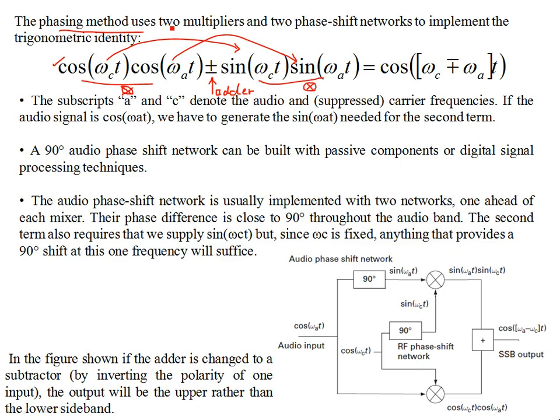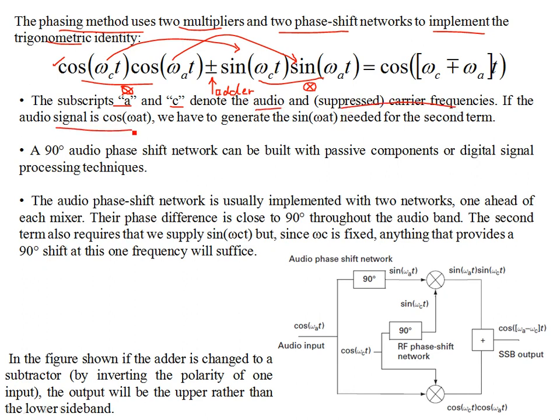The phasing method again uses two multipliers and two phase shifters to implement the trigonometric identity, which is given as follows. If you realize this trigonometric identity, you can generate an upper or lower sideband. Here the subscript A denotes audio and C denotes the carrier, the suppressed carrier frequency.